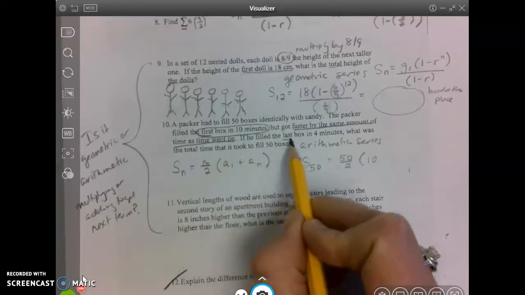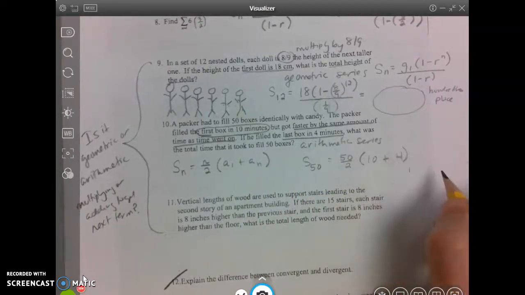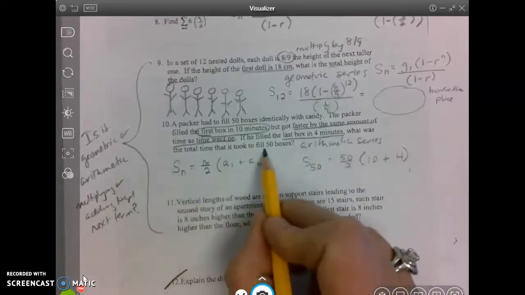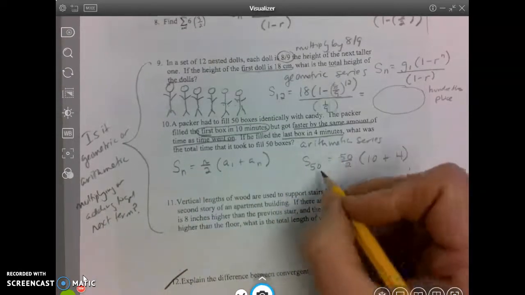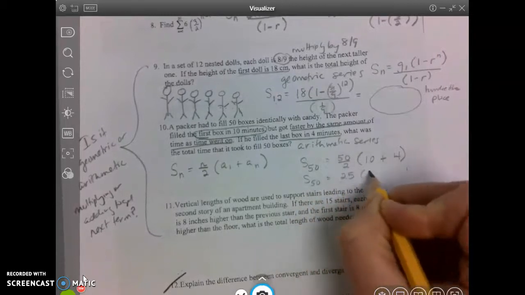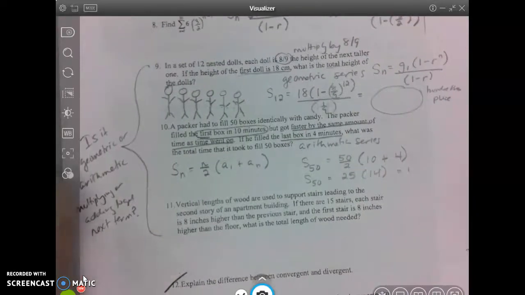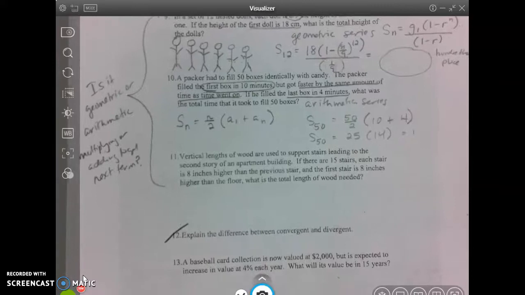If he filled the last box in 4 minutes, I knew the last term. What was the total time it took to fill the 50 boxes? So S sub 50 is 25 times 14. I know you guys can do that in your calculator. Right, let's go to number 11.